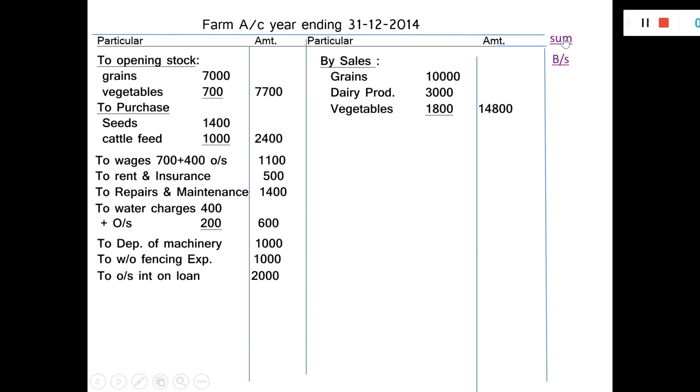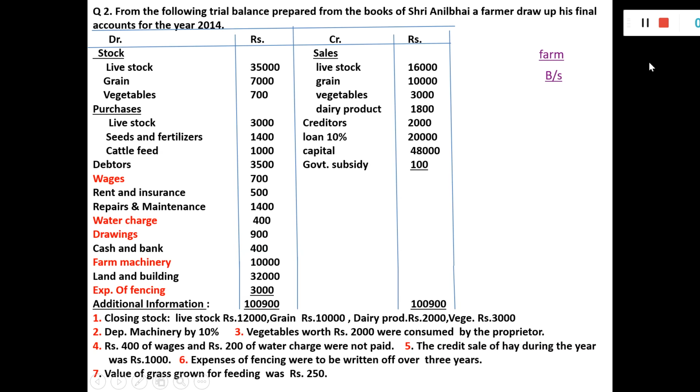Go to the sum again. Capital 48,000 and government subsidy 100. Government subsidy is the income, so it is shown in the credit side of the farm account.